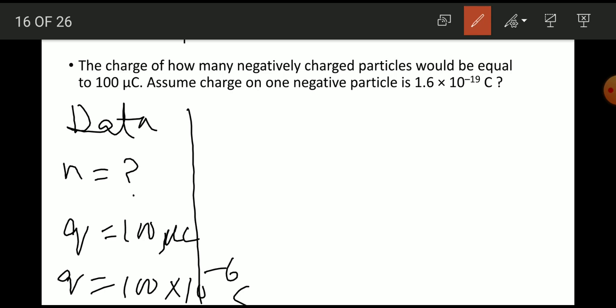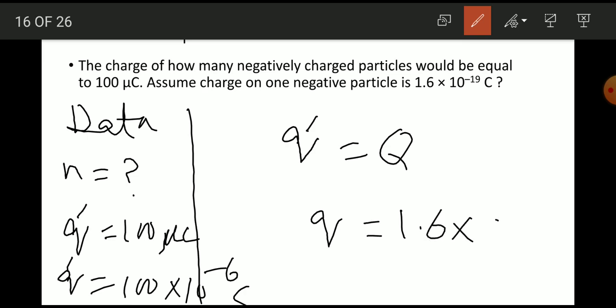And then the charge on one electron is Q prime, and this is Q. So Q prime is equal to the charge on a single electron, 1.6 × 10^-19 coulomb.